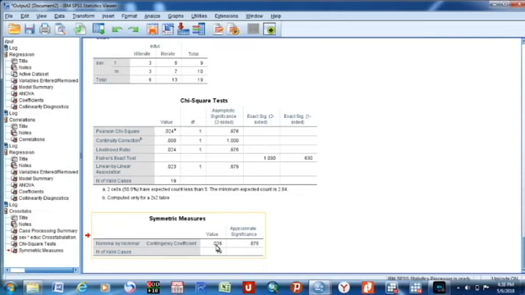If the value of the contingency coefficient is above 75%, a multicollinearity problem will exist. But in this case, the value of the contingency coefficient is 0.36. So this indicator is below 0.75, or below 75%.